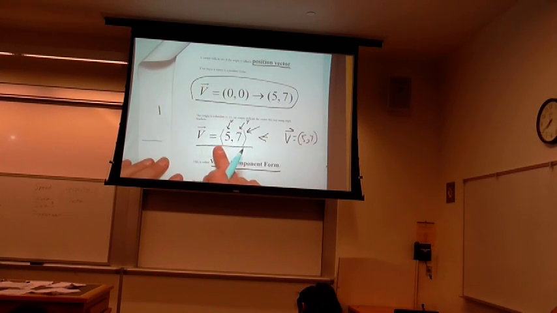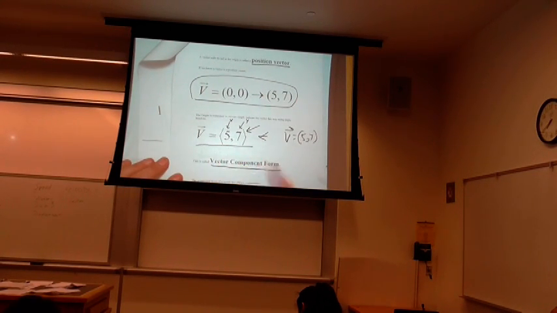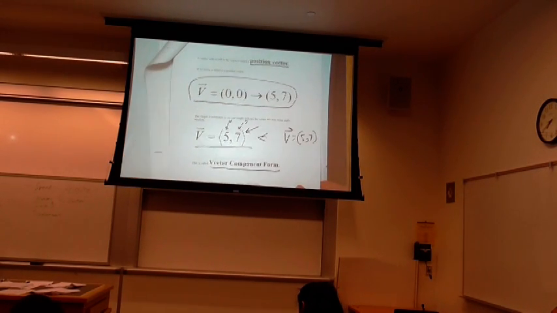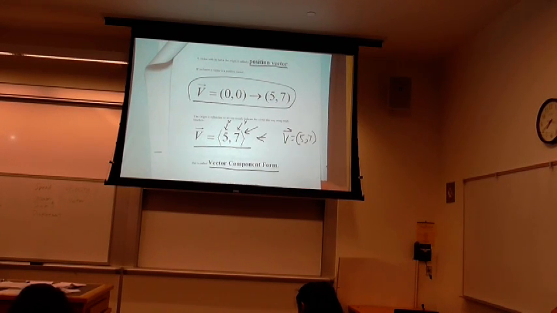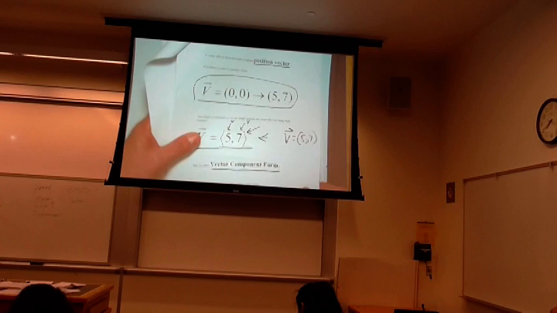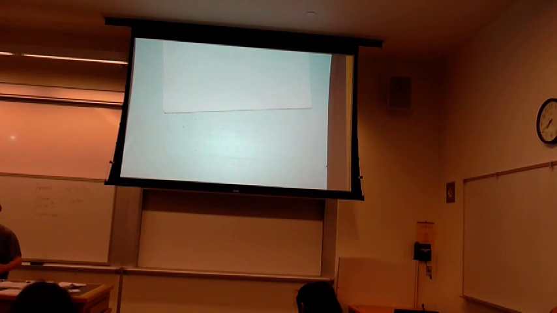In particular, the book uses this angle bracket for the vector component form. Okay, good question. These things can be confusing, especially if you take this and then you go to your physics class, and your physics professor may do it a little differently, right? Am I going too fast? There's a lot here. It all ties back to what we've been doing.